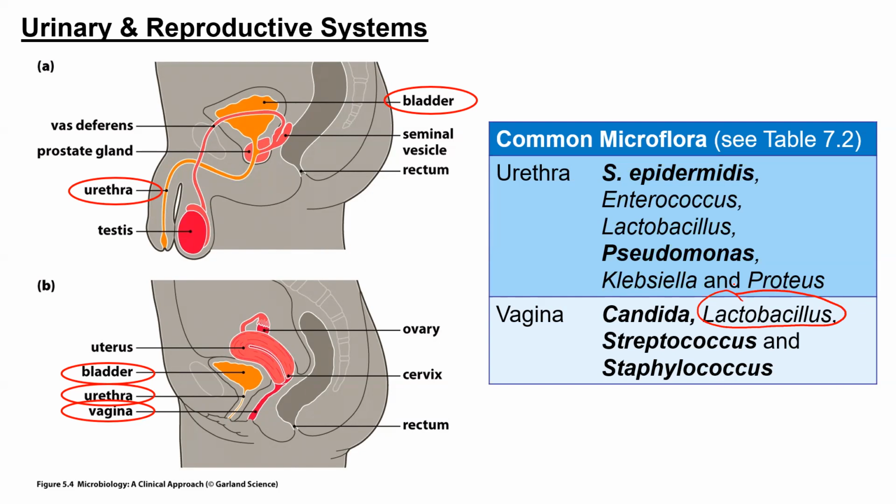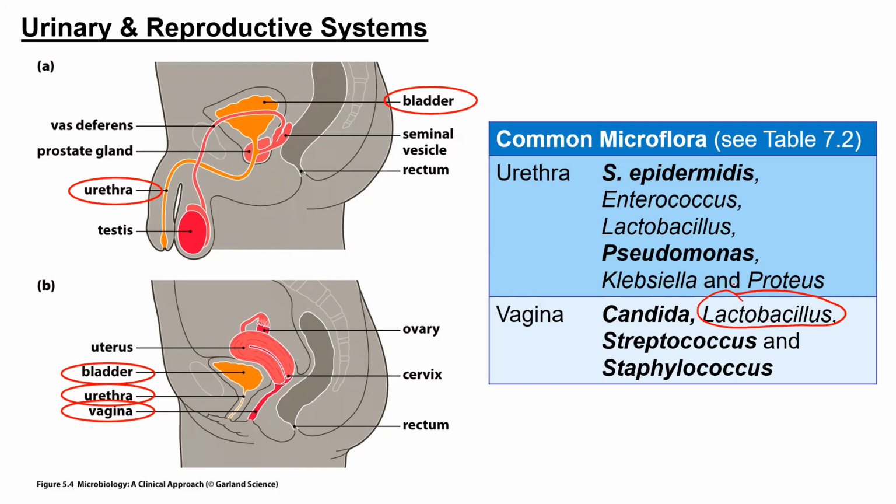Like I said, it does change a little bit with a woman's menstrual cycle as the body temperature and the pH change cyclically. There are also some procedures that are not recommended that some people may do to change what's going on in there, these cleanses and things like that. They're not usually recommended because they can change the microflora and can be unhealthy for you.